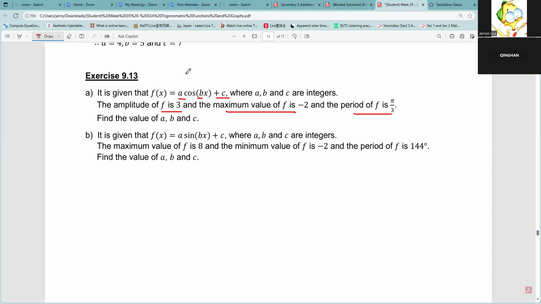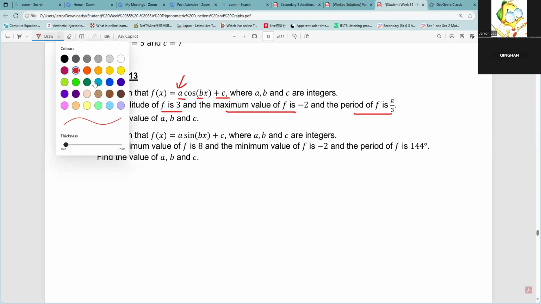So remember what is your A? Remember, your A is actually your amplitude. So you notice this function f has an amplitude of 3. So you can very safely write like this.